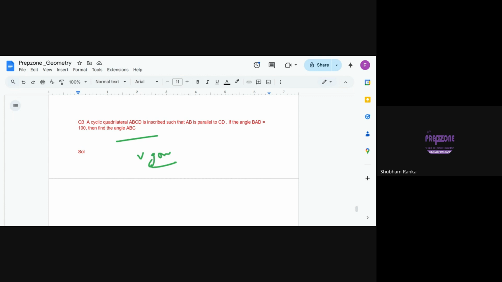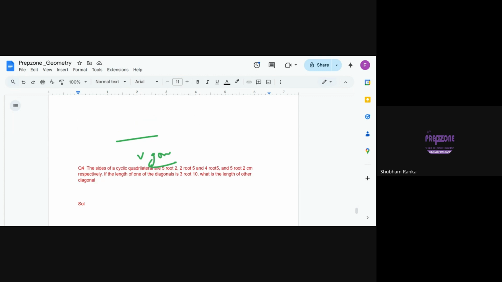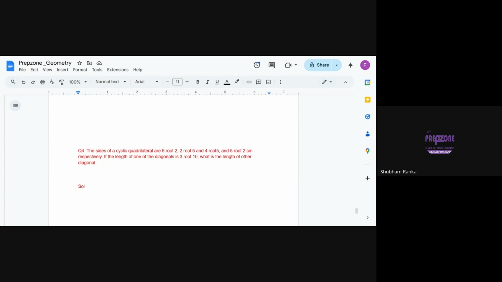I think one more question that I'm giving you will use a theorem. So I'll give you the theorem first. This is a cyclic quadrilateral again. Question number 4. It's the cyclic quadrilateral which has the sides.